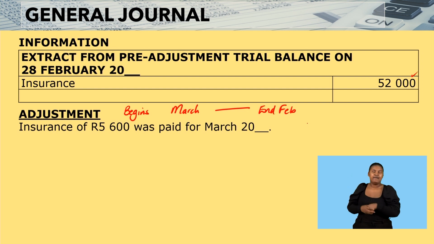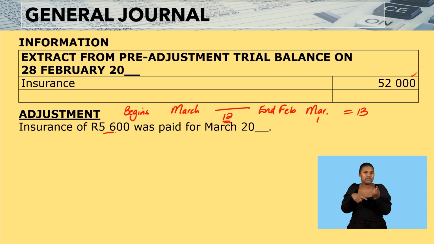And then the moment we pay again for that March, because here we have 12 months already, that means we have paid for 13 months. Once we pay for more months, it means we now have a prepaid expense.